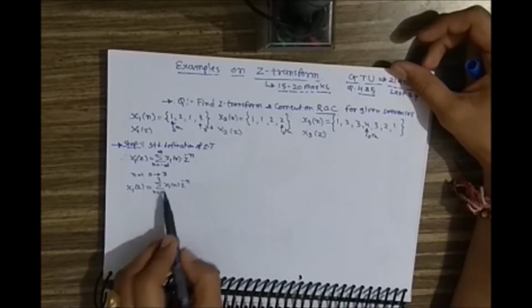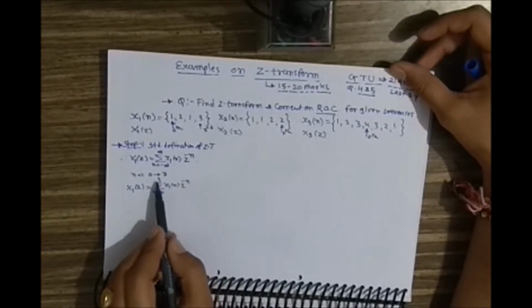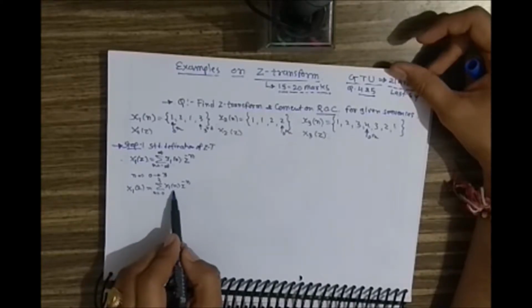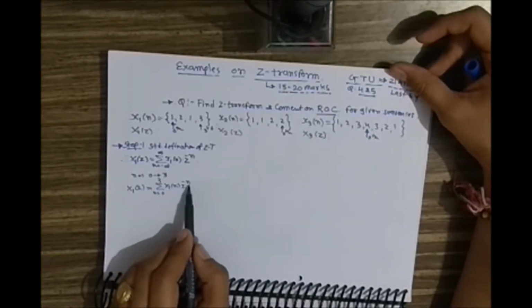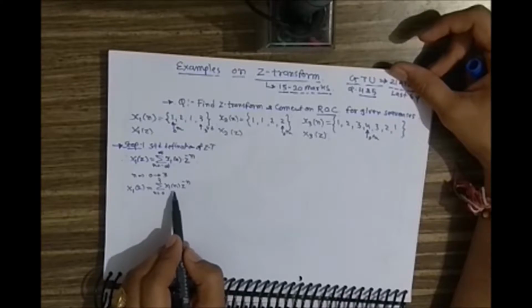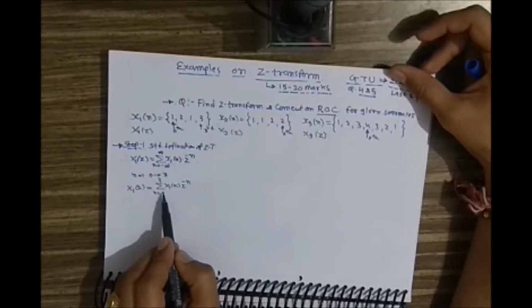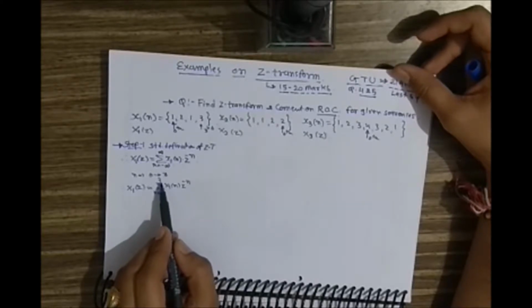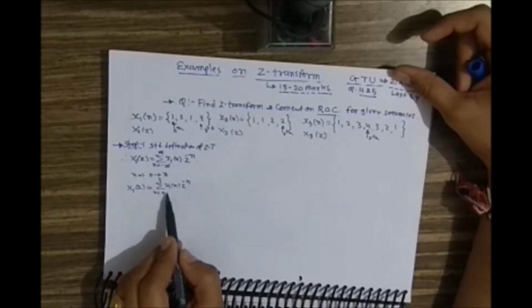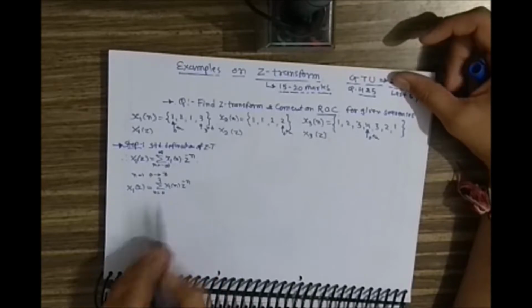Now it's very simple. The step is to expand this summation by considering the values of n in x1 of n and z raised to minus n, starting with 0, then 1, 2 and 3, and we just need to add them.